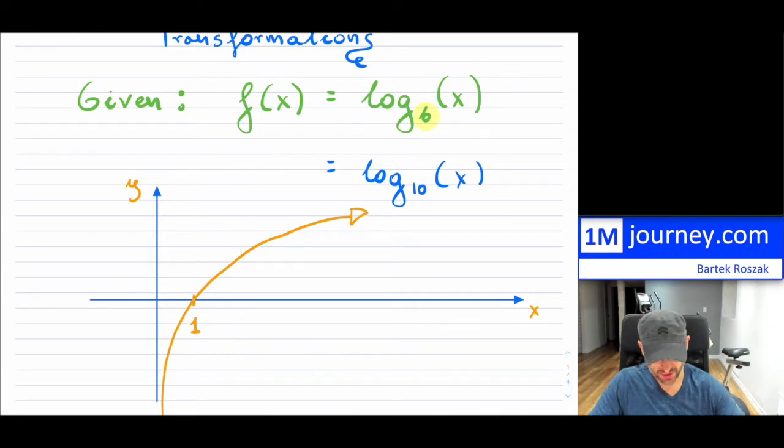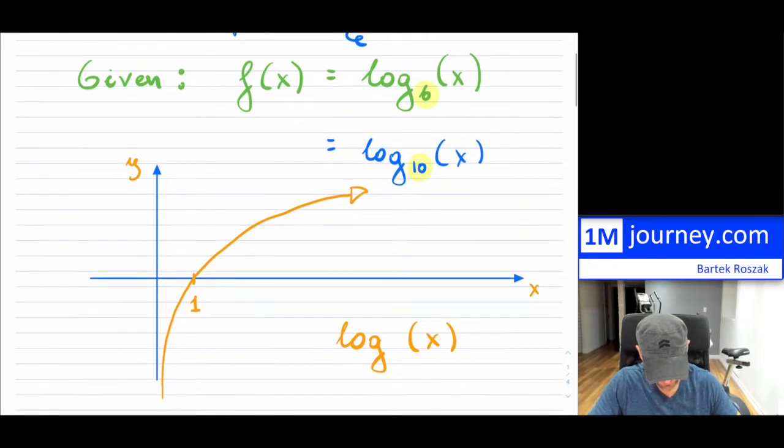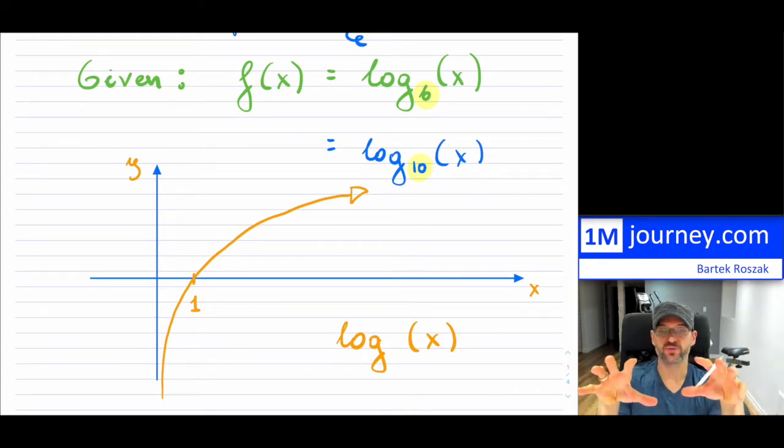Now, because the base of 10 dominates so much for us, we have dropped the 10 and all we say is log of x for our function. You see that even on calculators, you'll have a log button and there's no base there, because it assumes that the base is 10. So what I'm going to provide you in terms of transformations works for any base.